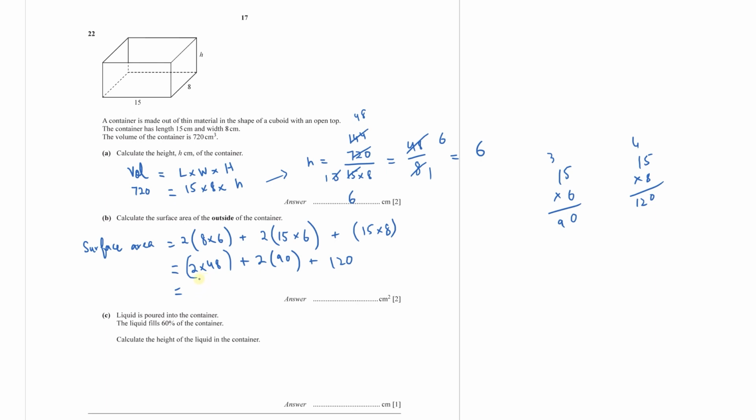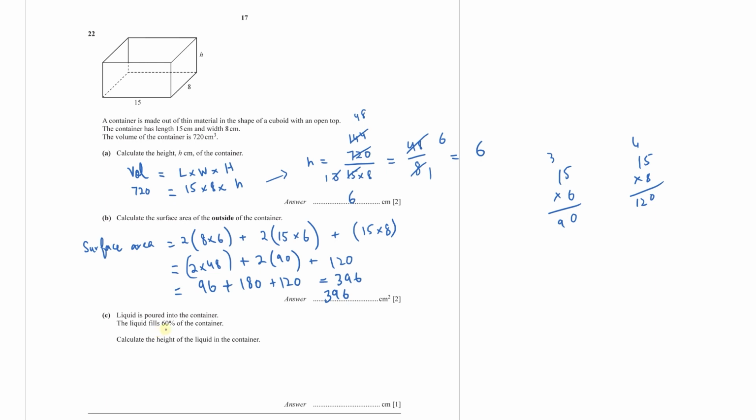And then 48 times 2 will be 96 plus 90 times 2 is 180, and then plus 120. If you add these three, 100, 200, then 80 plus 20 is another 100, which gives me 300, and then 396. So this is 396 centimeter cube.